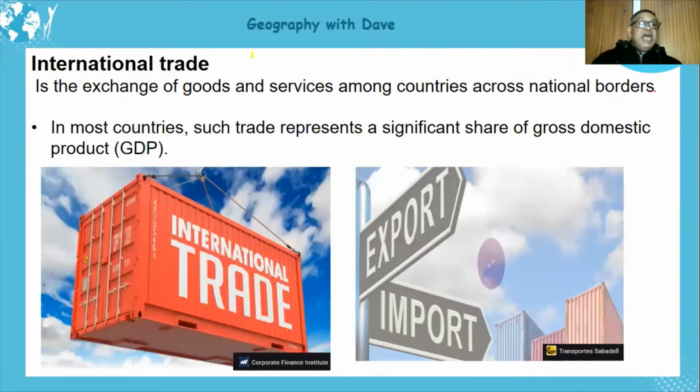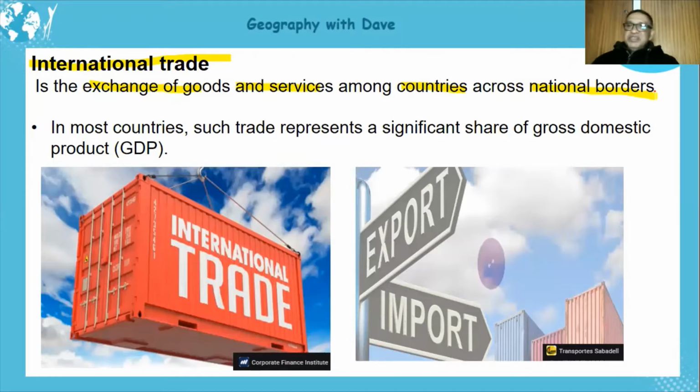International trade. What is it? Definition first: exchange of goods and services among countries across national borders. Now you're not dealing within the country, you're dealing with other countries, selling on a large scale, bringing into South Africa the foreign currency, the dollars coming in.